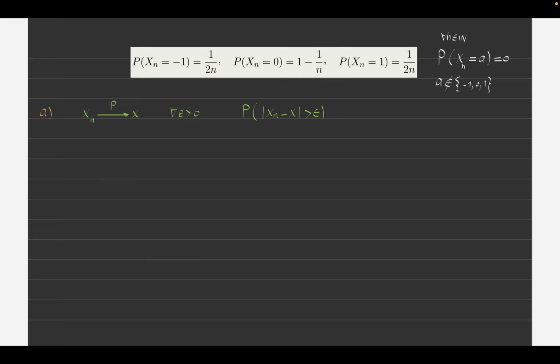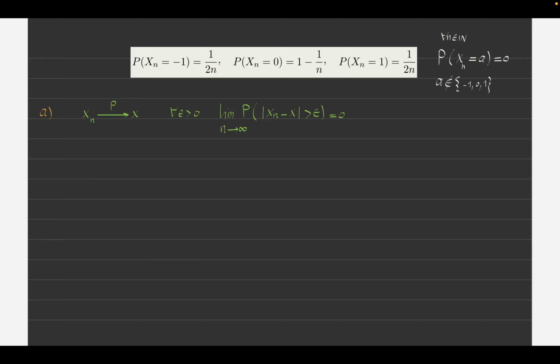And then if you take the limit of that as n goes to infinity, it should be 0. So if this is satisfied, then we say that this sequence converges to x in probability. Okay?